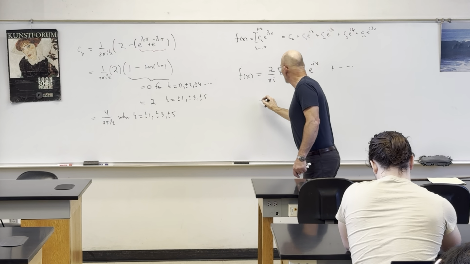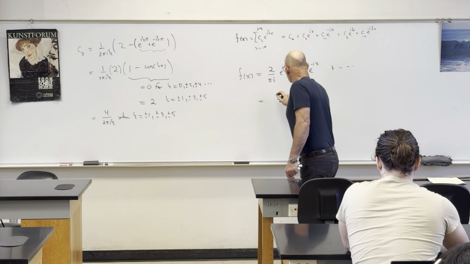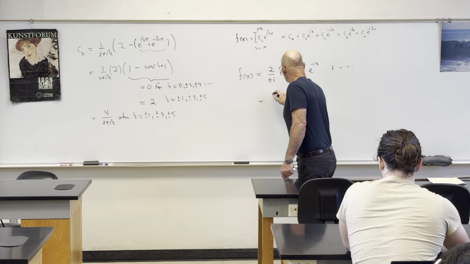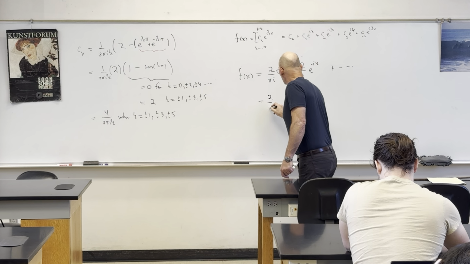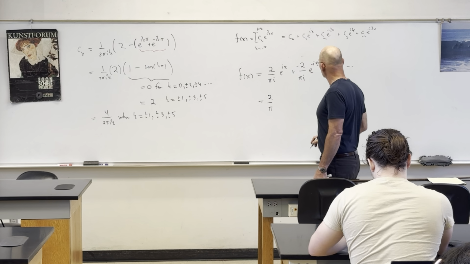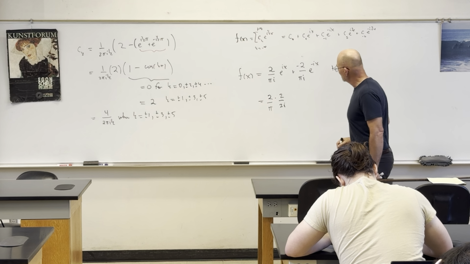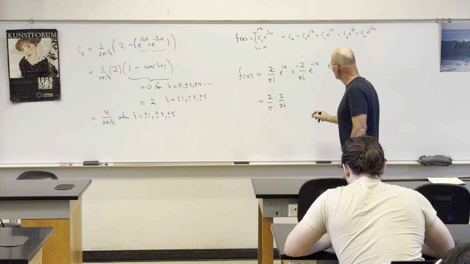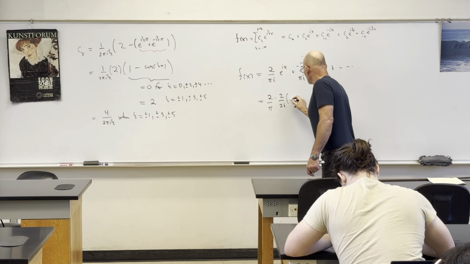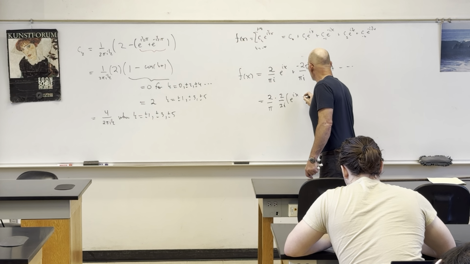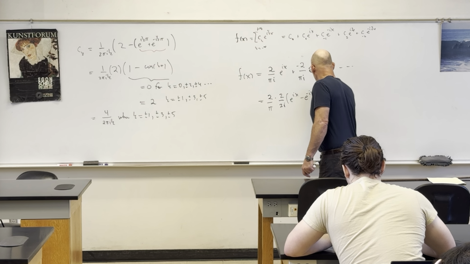In this form, we're going to have 2 over pi, and then I'm going to do 2 over 2i for this 1 over i, e to the ix minus e to the negative ix.